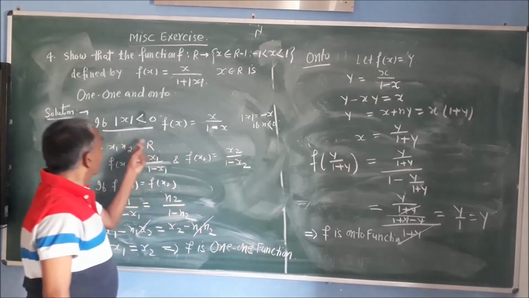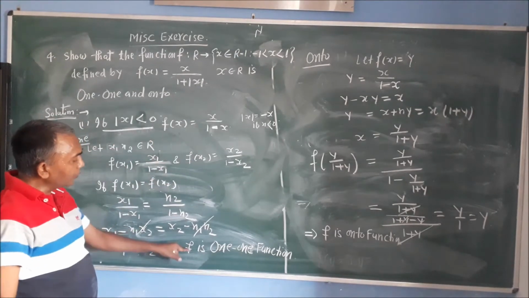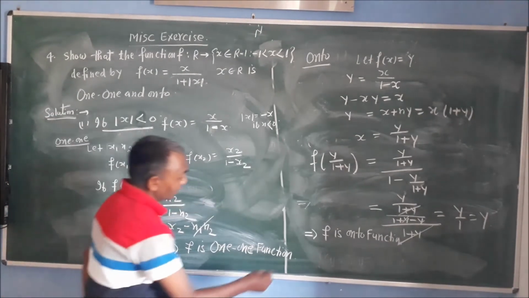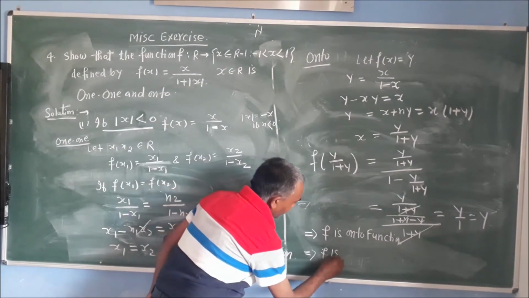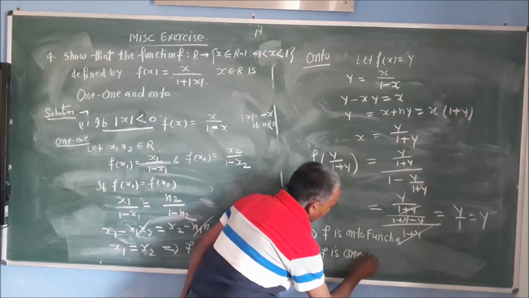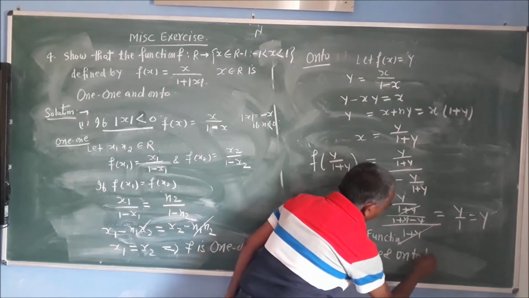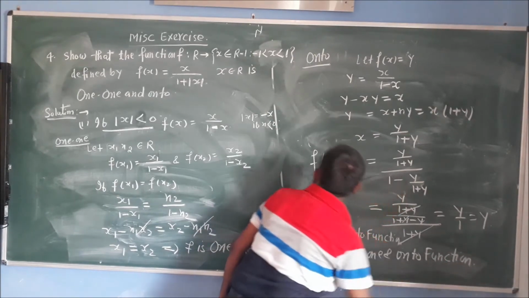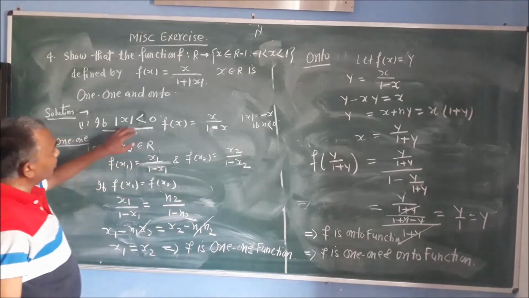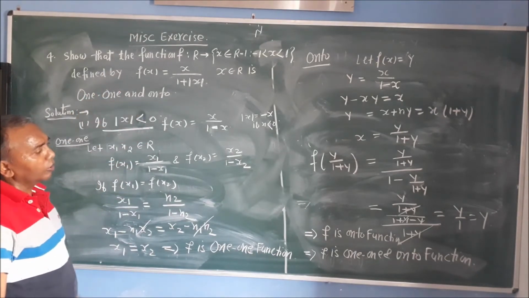So the condition is, if mod of x less than 0, f is one-one and onto function. So we have proved the result that for both the conditions, mod of x greater than 0 or mod of x less than 0, this function is one-one and onto.